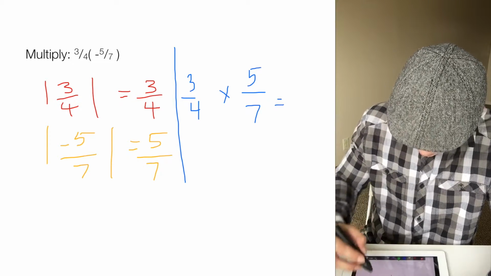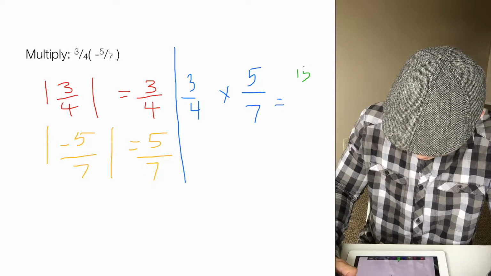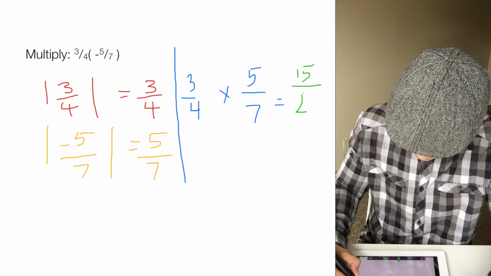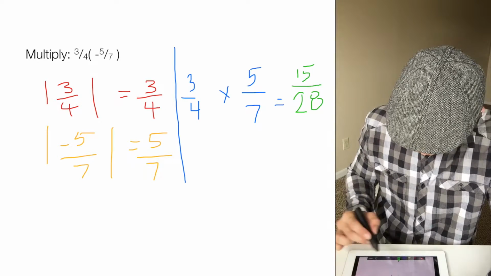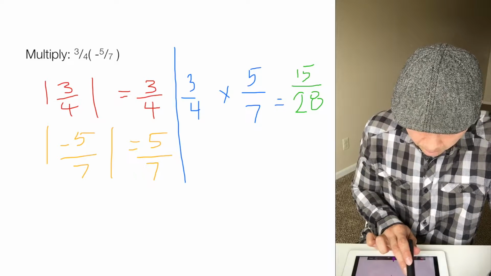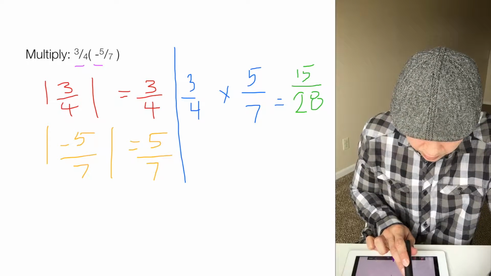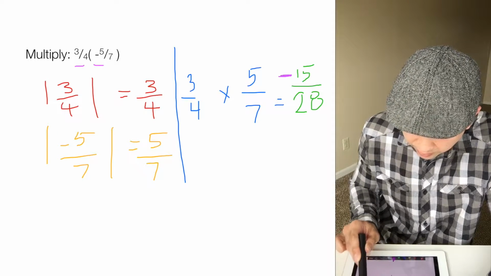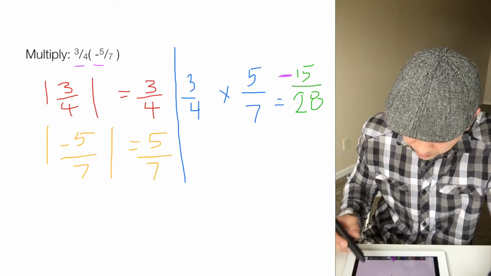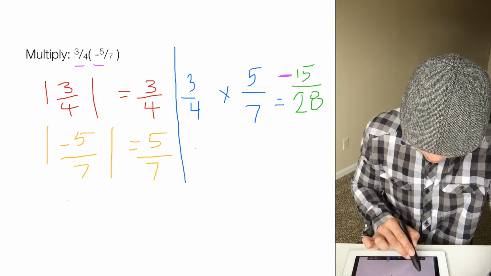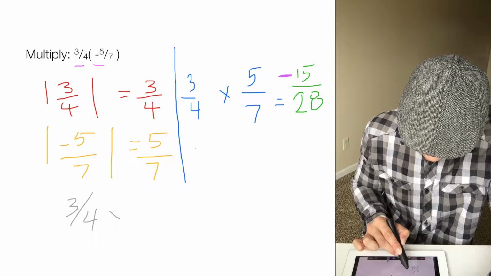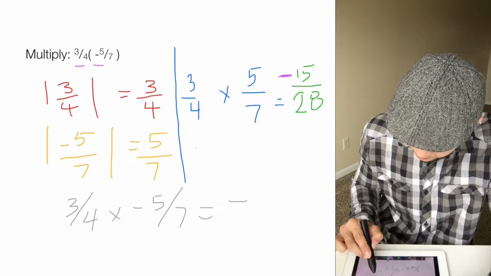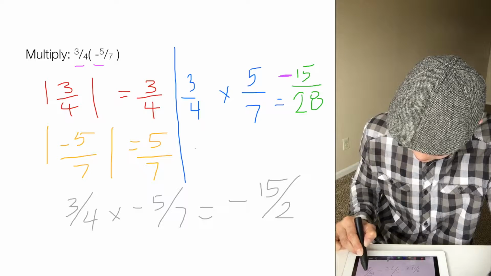We multiply across the top, so 3 times 5 is 15, and then we multiply across the bottom, 4 times 7 is 28. Now, because the signs are different, our product is going to be negative. So 3/4 times -5/7 gives us -15/28.